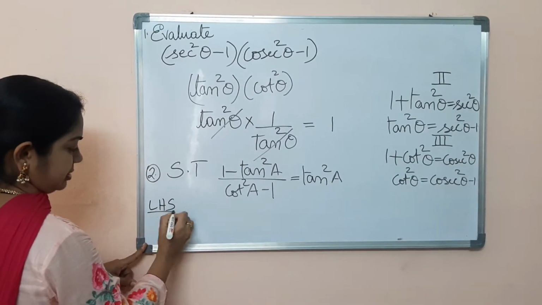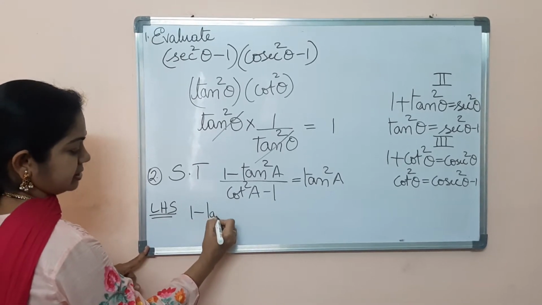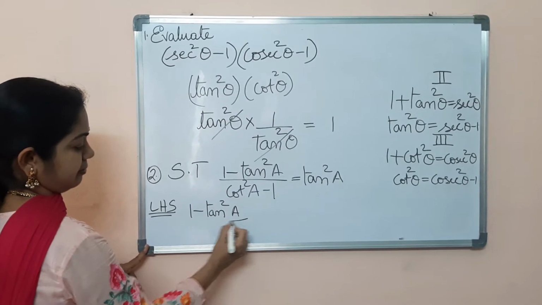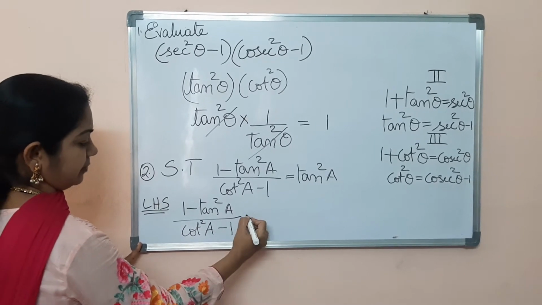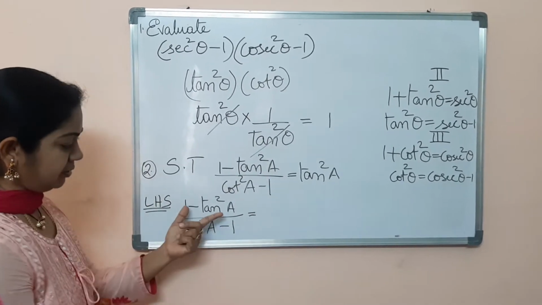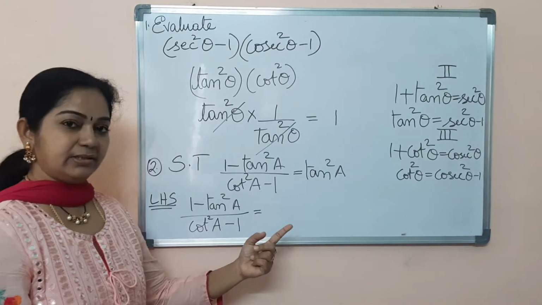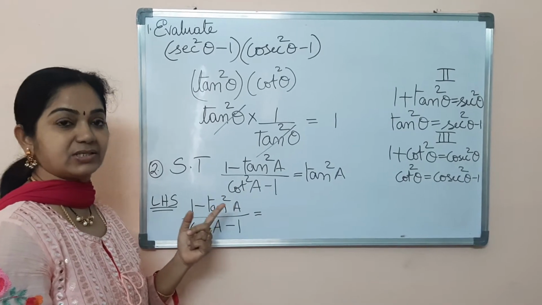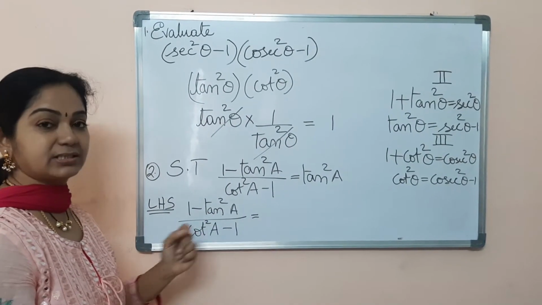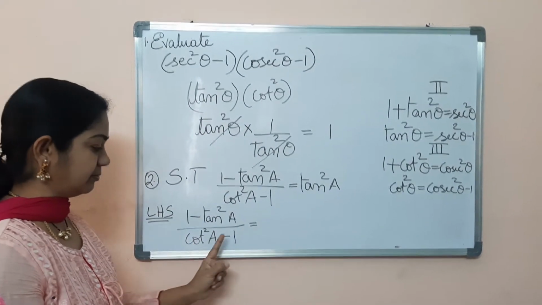Let me take the LHS part: (1 minus tan square A) by (cot square A minus 1). Among the three identities, the second identity has 1 plus tan square theta. Here it is 1 minus tan square and also cot square minus 1.